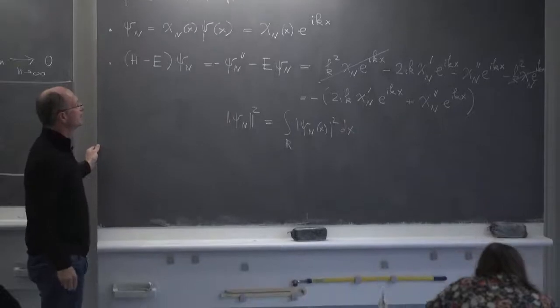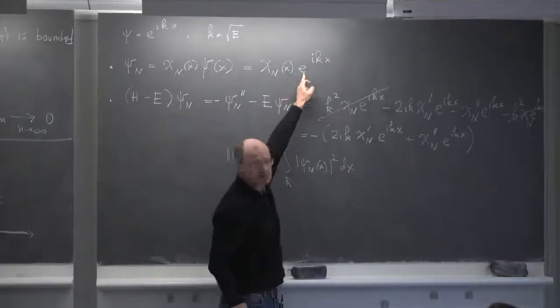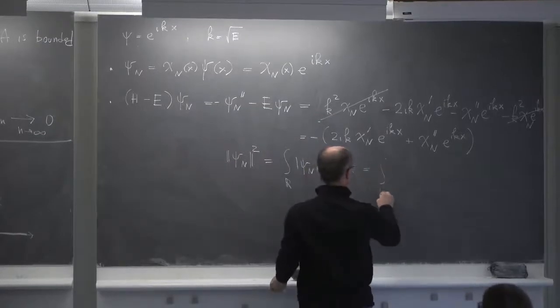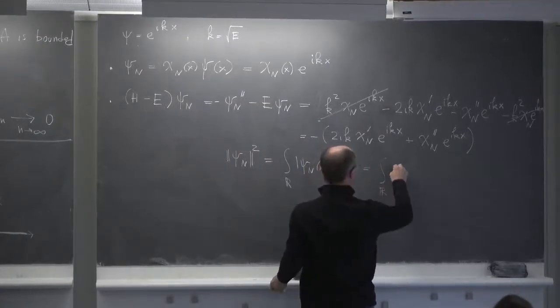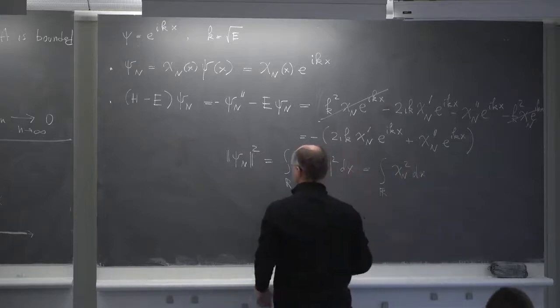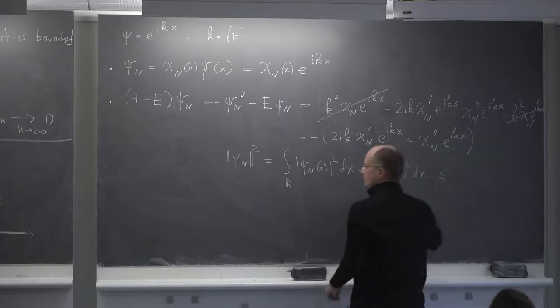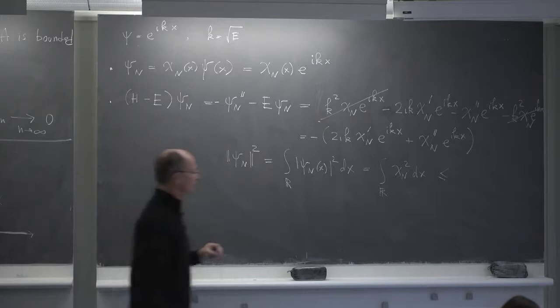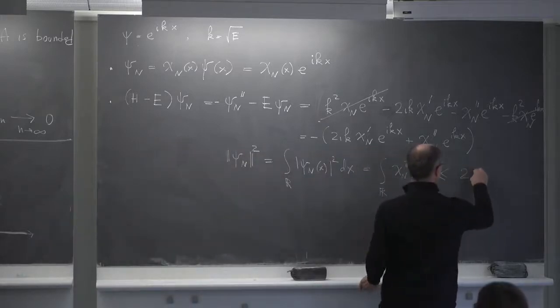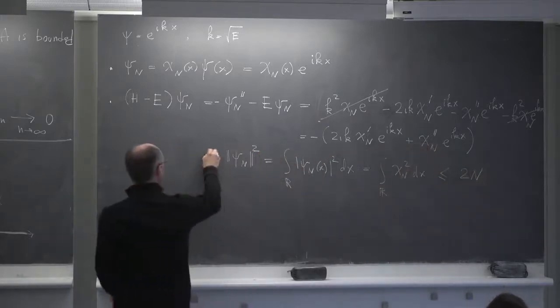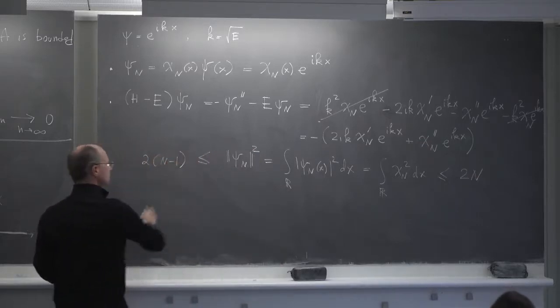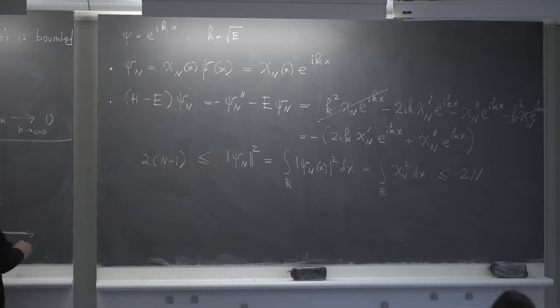And note that this phase factor will simply disappear, right? So this is equal to the integral over R of chi n squared dx. Just looking at the graph, this is bounded from above by 2n and bounded from below by 2n minus 1, right?